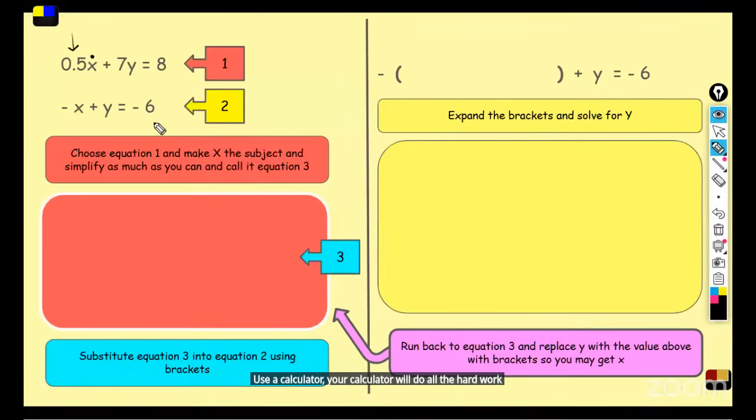And in case you're wondering, minus x plus y has no numbers. It's really minus 1x and 1y. No examiner will put in that 1 for you. You have to physically put it in. So guys, don't get intimidated. Follow my instructions, choose equation 1 and make x the subject as usual.